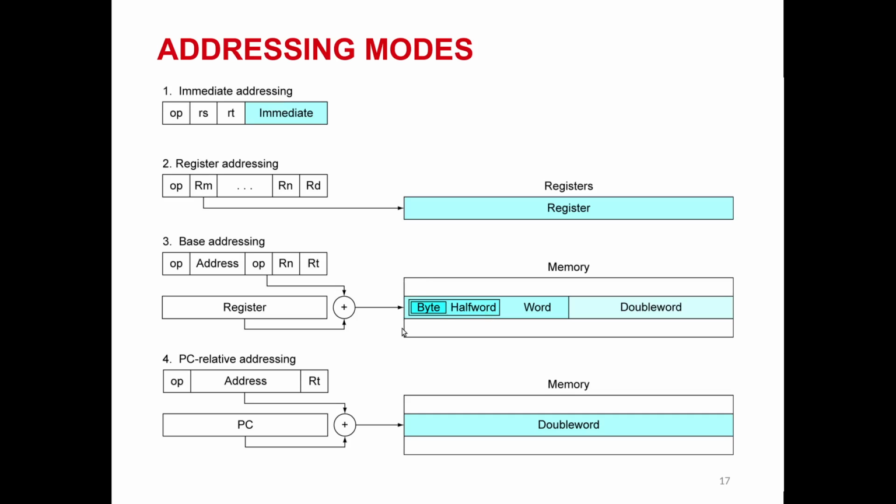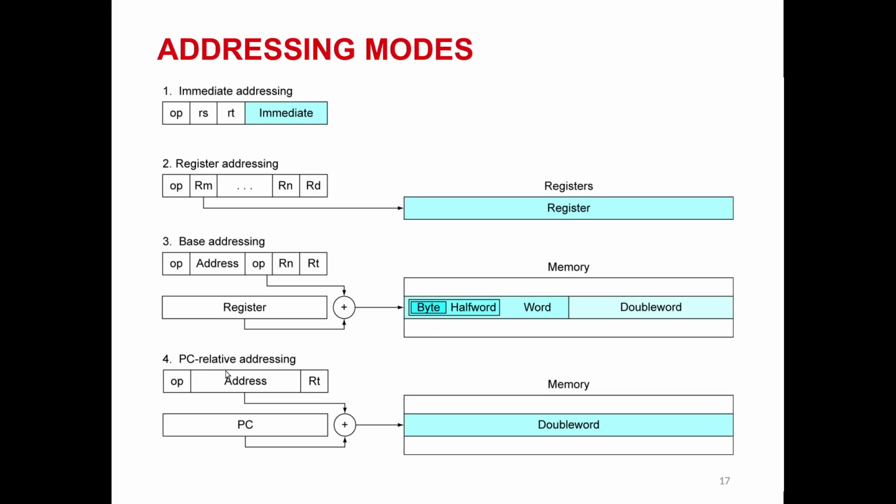From that address in memory you can take out a double word, or 8 bytes, into your register, and then you can use it as a double word, word, half word, or byte.